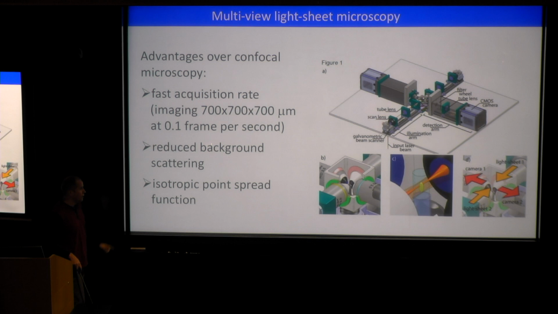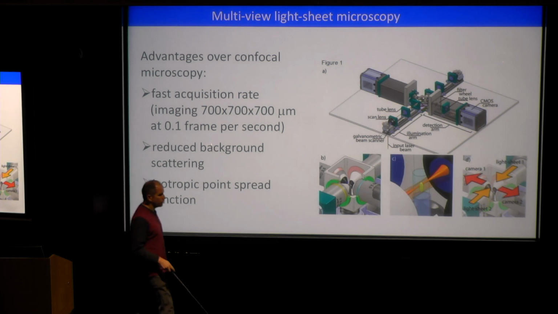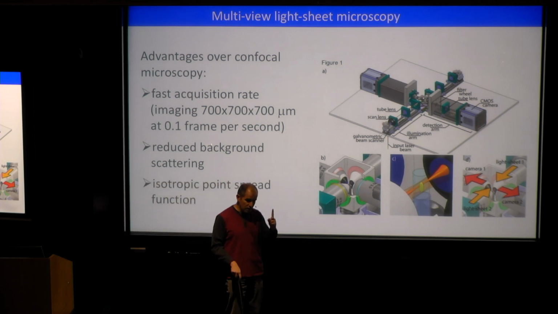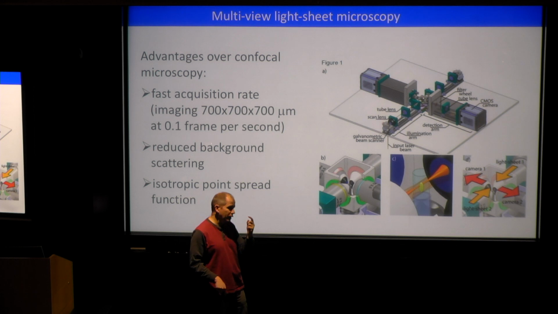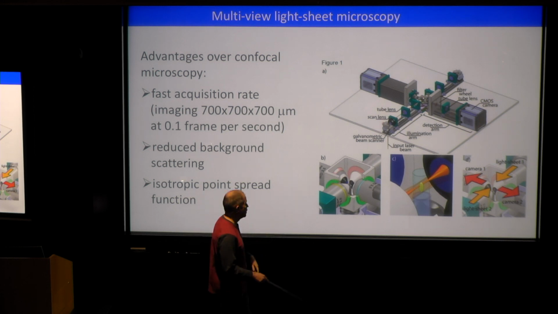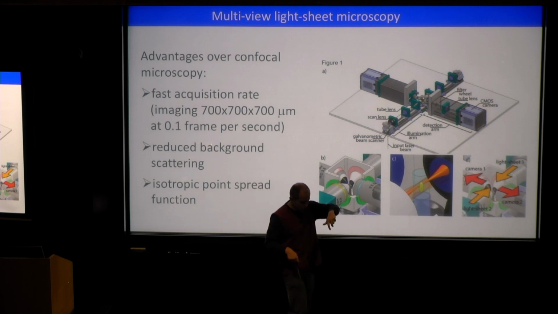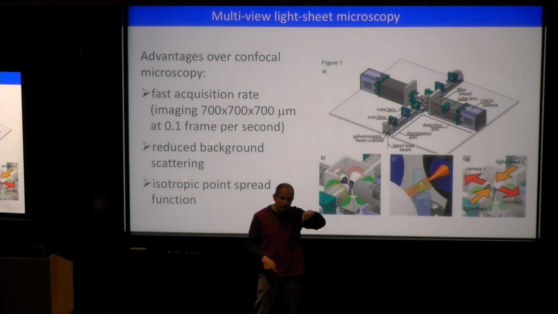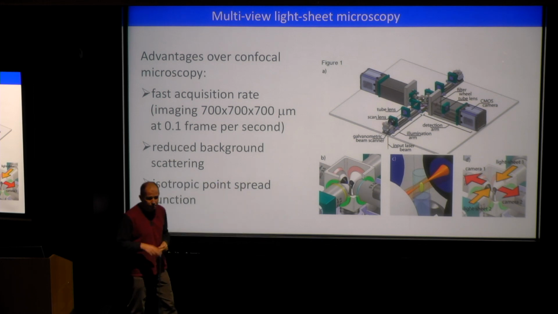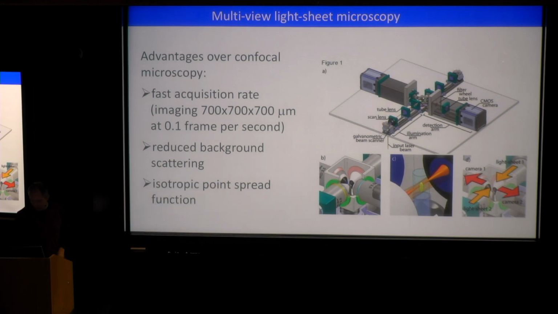The other thing that's really essential is that if you image with a lens, your point spread function is going to be very anisotropic. And if you want to extract anisotropic directors, that's a nightmare. What we do here, because our sample has a cylindrical symmetry, is simply rotate the sample and take the sample from multiple images, and that makes your point spread function isotropic, and that makes life much easier.